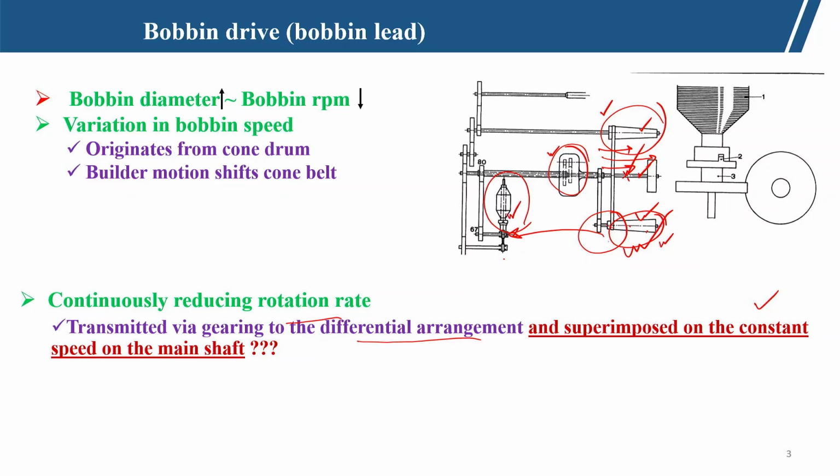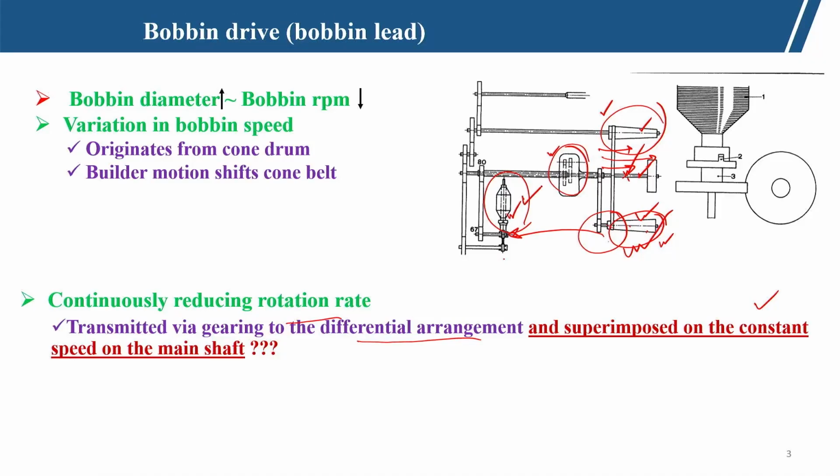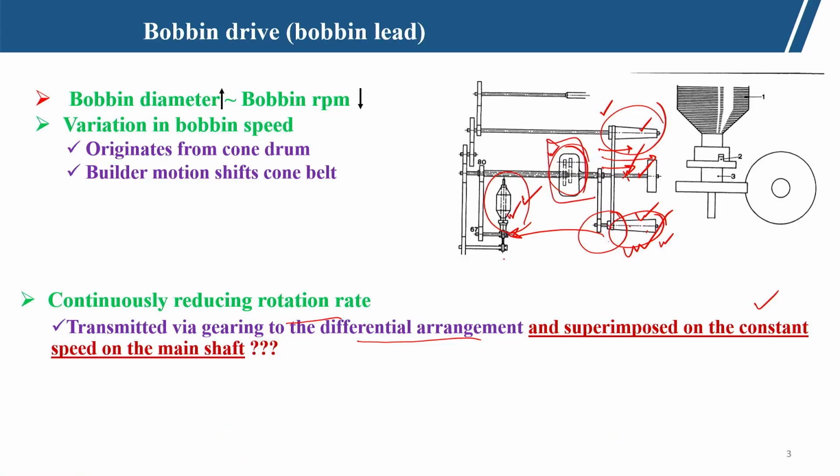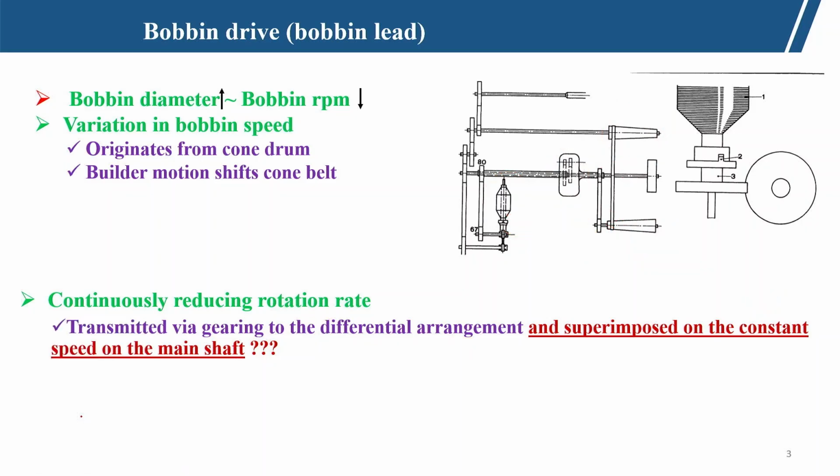So, to have this condition met, we use one differential gear system, and there two motions are going. One is directly from the main shaft, which is constant motion, another is the variable motion, and they are superimposed through the epicyclic gear system.